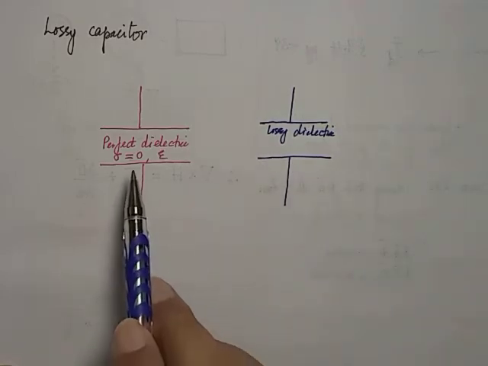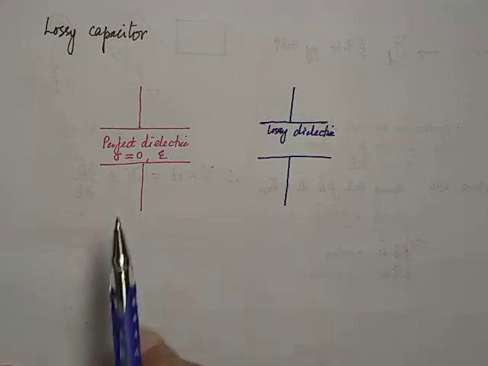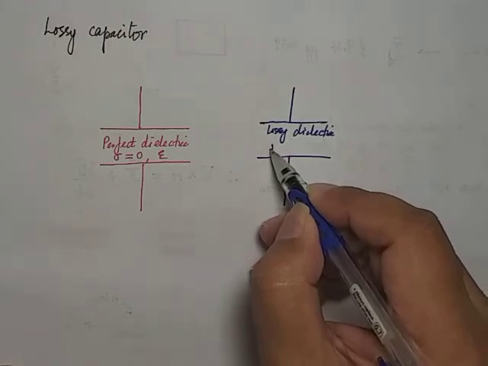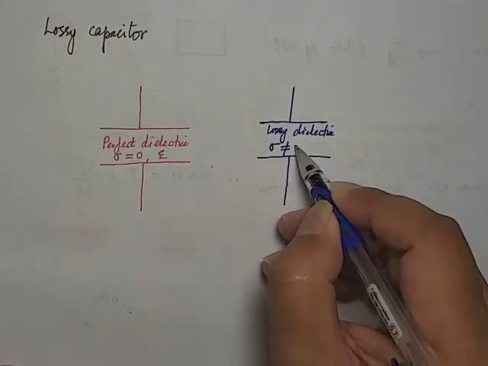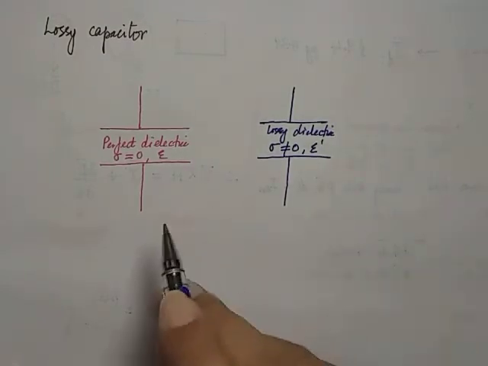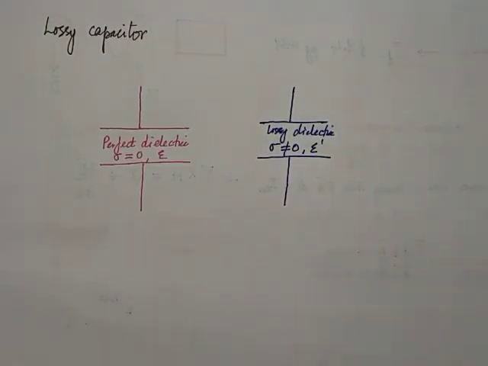If they used a perfect dielectric, it would be very expensive. So for the lossy dielectric, the most important difference is that sigma here is not equal to 0. I'm going to define the permittivity now as epsilon prime, just to show the difference between the two.